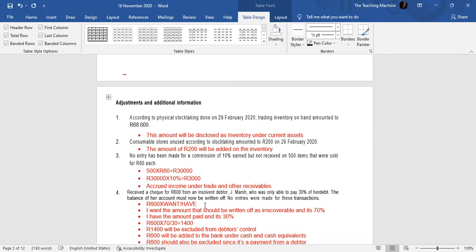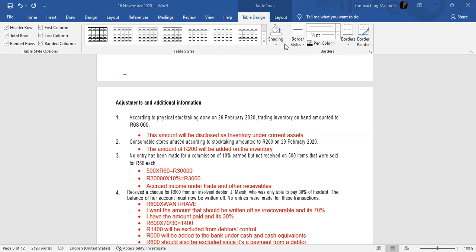We have written off J Marsh's debt as irrecoverable, but now J Marsh won Lotto and is able to pay 1.4. We will record it as bad debts recovered. Say, for example, your boyfriend or girlfriend misbehaves, you write them off as bad debts. And then they come back after 2 months with good behavior. What do we call them? Bad debts recovered.